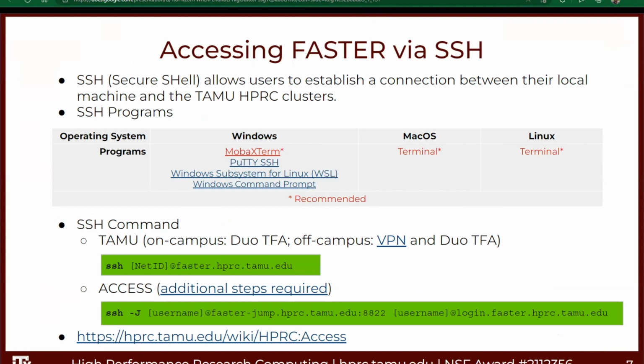For people using macOS, you can just open a terminal and SSH into the system. I think SSH is usually installed on these systems. This is the command that you need to type in once you open your terminal: you type ssh, give your NetID @faster.hprc.tamu.edu.